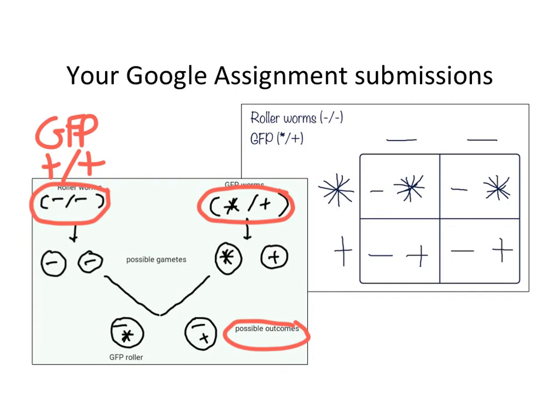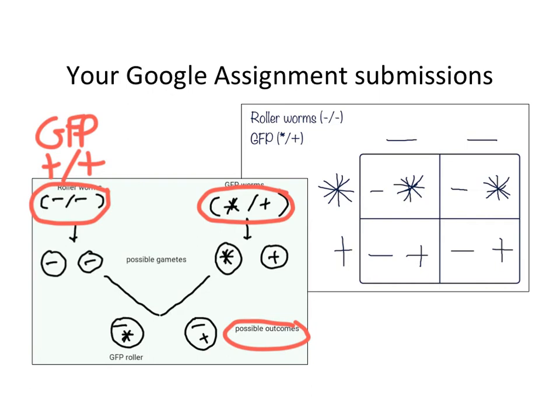By the same token, what's true over here? Here we're looking at the genotype in the green fluorescent worms. Which gene are we talking about here that's circled in red? Is this the roller gene or is this the GFP gene? It's the GFP gene. What's the genotype of this worm at the other gene, the roller gene?